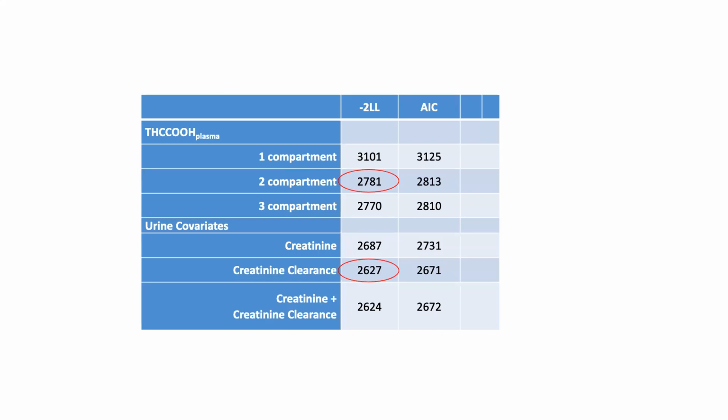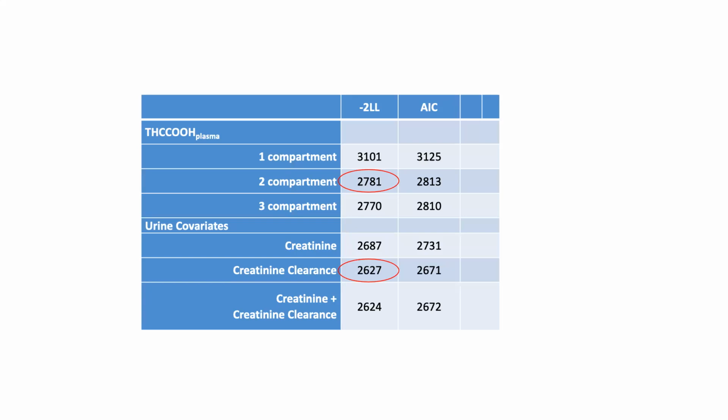So this summarizes some of our modeling. We looked at 1, 2, and 3 compartments for the plasma carboxy-THC and found that the most parsimonious was a 2-compartment model. And then when we took that model and moved it into potential covariates, both creatinine and creatinine clearance were significant in reducing the objective function.